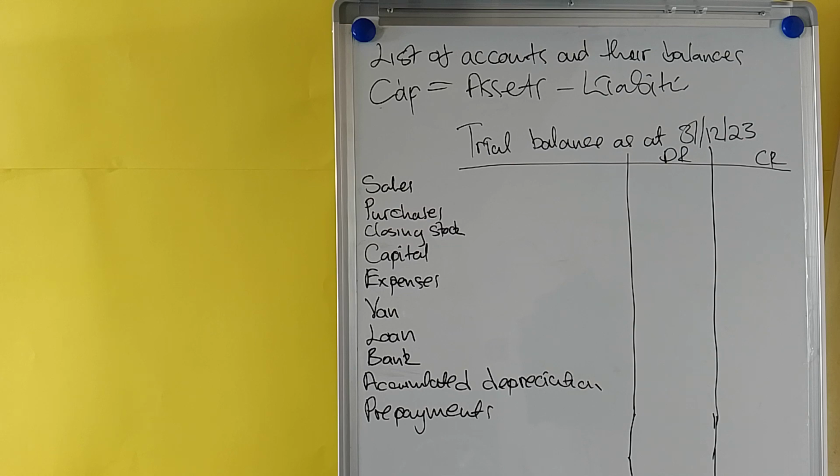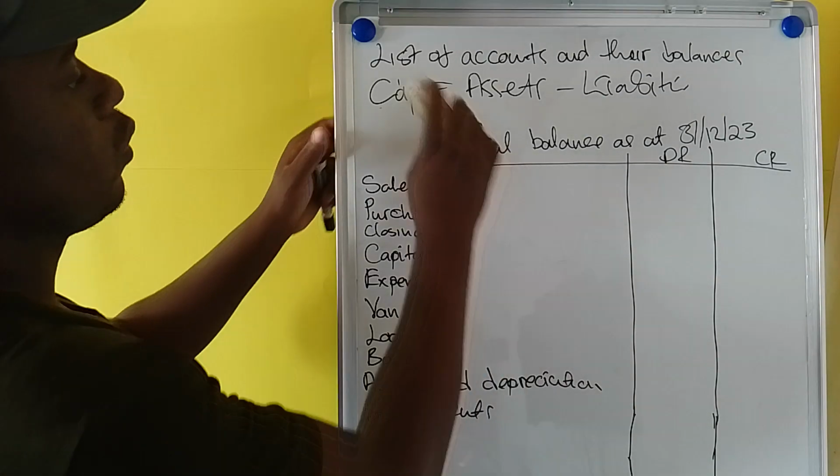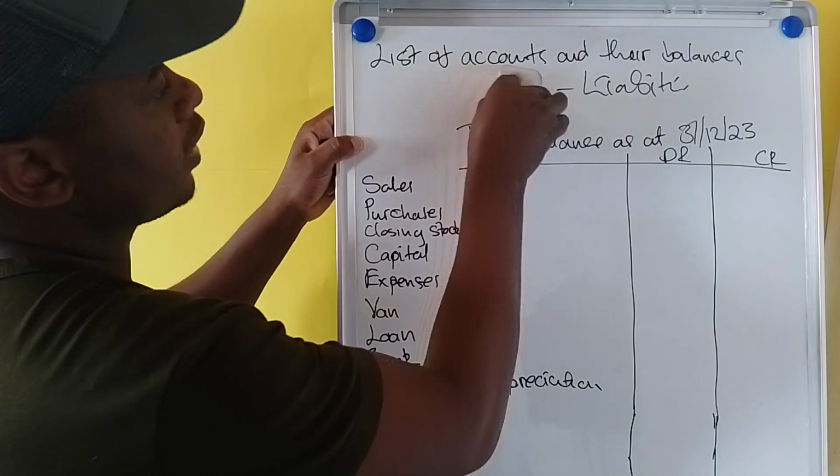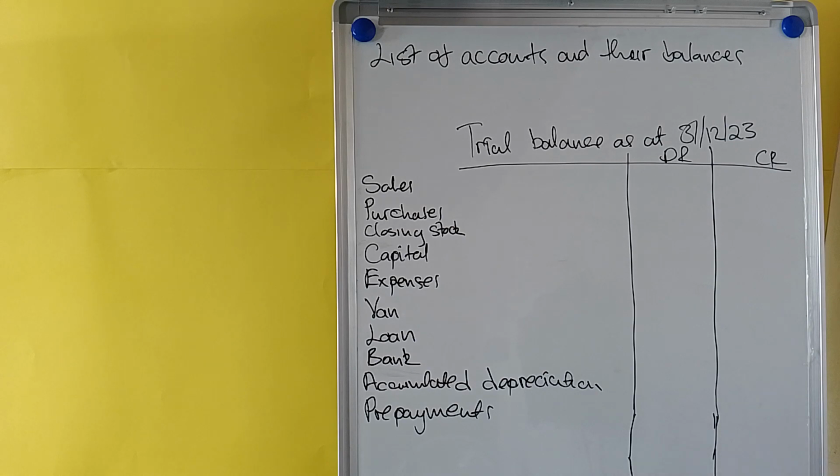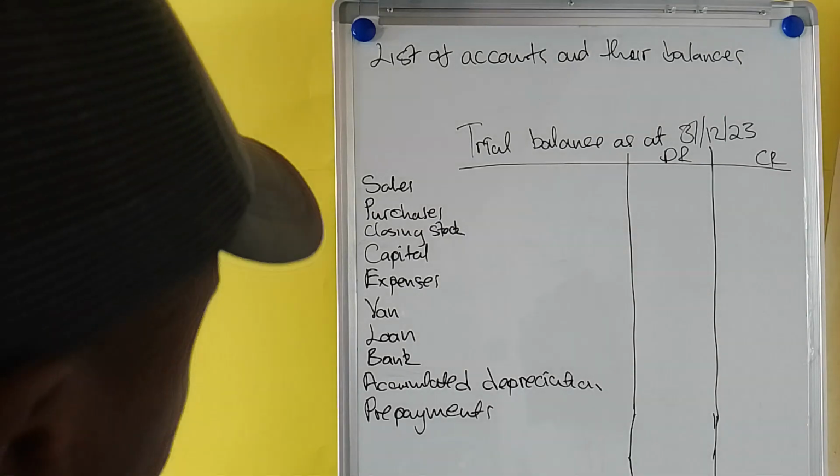Now let's look at the example that we have on the board and try to see which element belongs to which side of the trial balance. You need to complete the trial balance correctly so that you can compute the statement of profit or loss without problems. Now let's see.